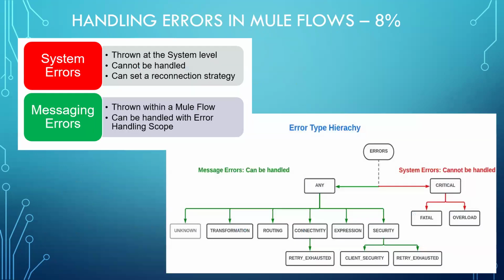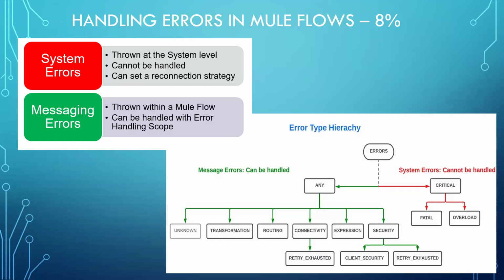So for exam relevance, there are different kinds of errors that can occur. The errors at the system level are errors we really can't handle in our Mule flows because it's outside of a Mule flow. It could be a flow that is overloaded, or an endpoint that is totally down, or the application is having to be restarted.